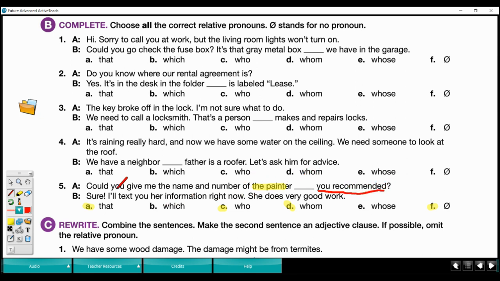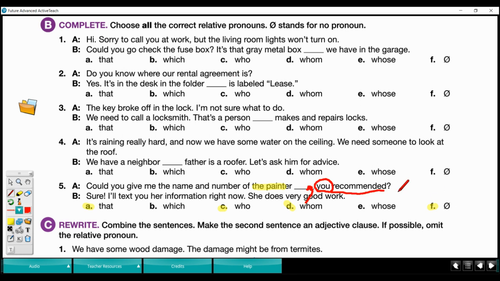I'm describing a person, so I can use that you recommended, who, and here is the pronoun you. When I have a pronoun in the adjective clause, I can also use whom, because this makes it an object relative pronoun, not a subject relative pronoun.